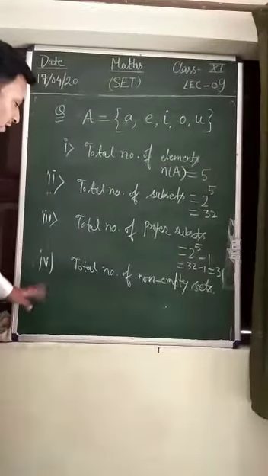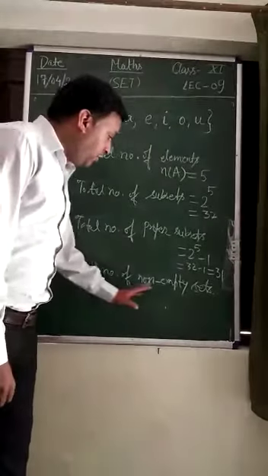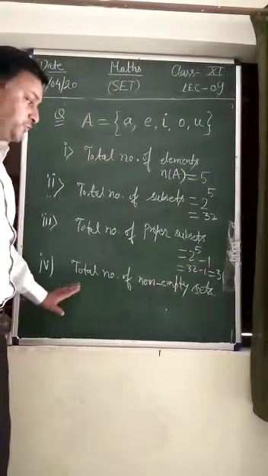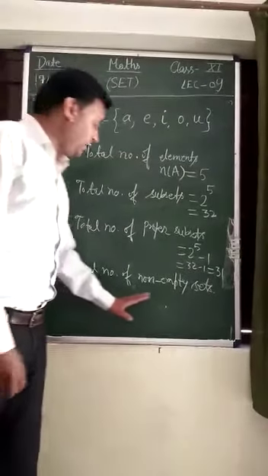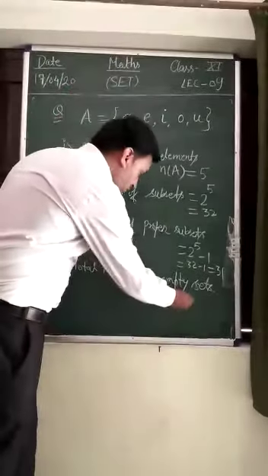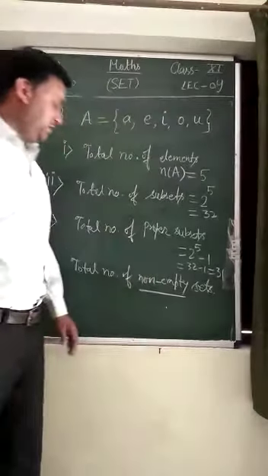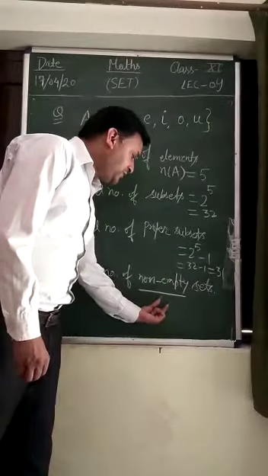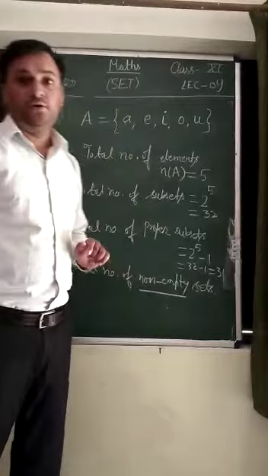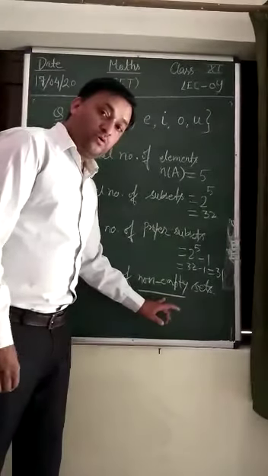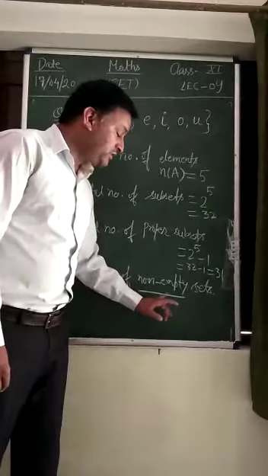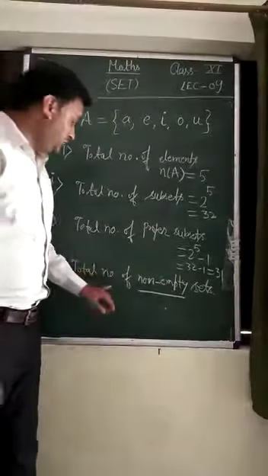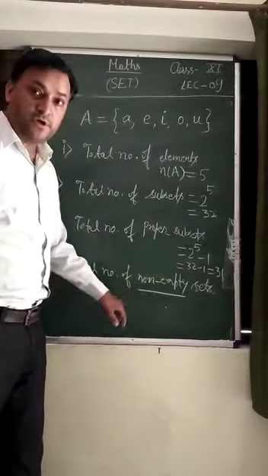Now, students, the final question is the total number of non-empty subsets. Read the question carefully, students. Here many students make errors. Non-empty sets means the sets which contain a minimum of one element. So the subsets which contain a minimum of one element, these you have to count.